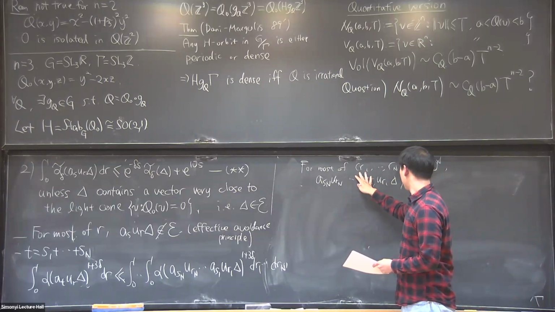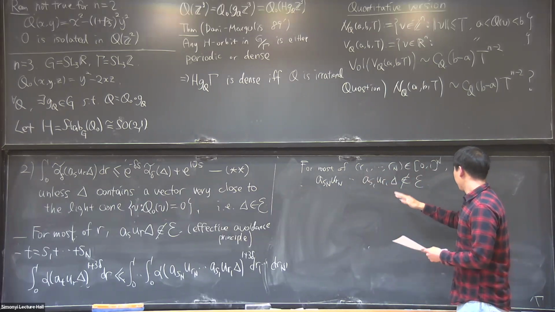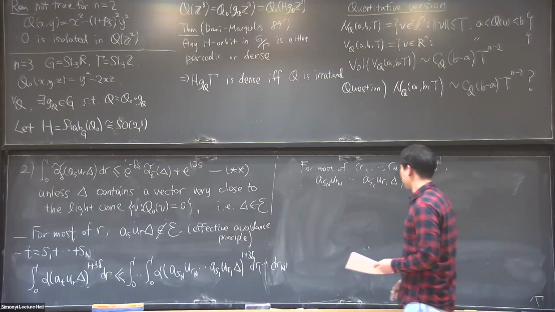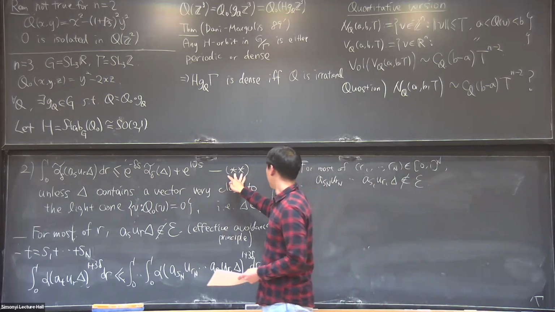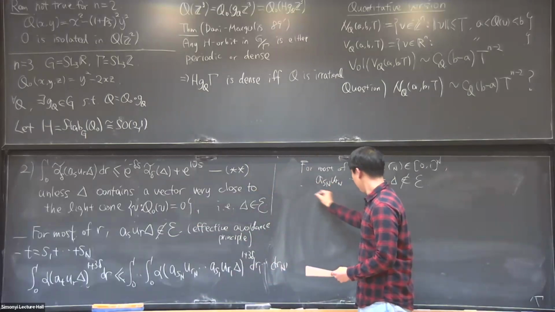And for the rest of r_1 to r_n, not contained in the exceptional set, we apply this modified version of Margulis inequality.